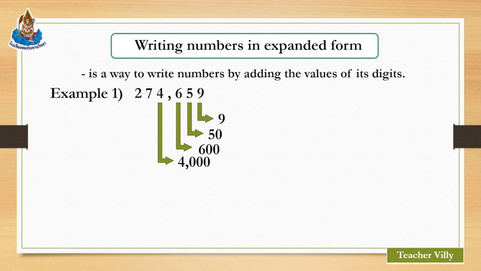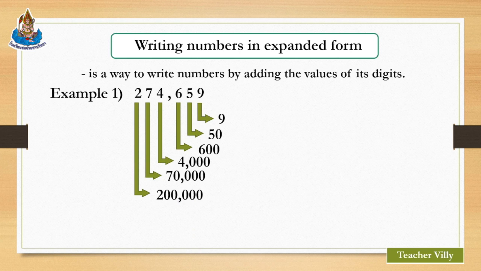What about the digit 7? What is its value? Correct. It's 70,000. And what about the digit 2? What is its value? Correct. It's 200,000.